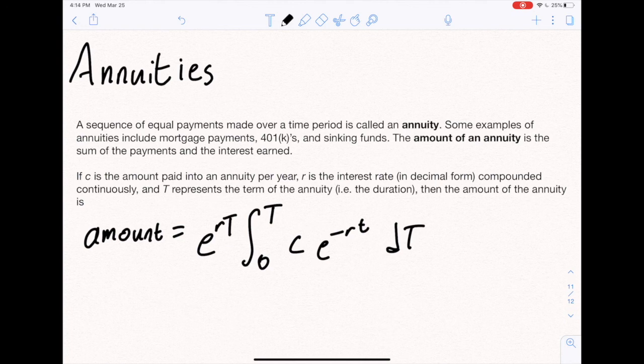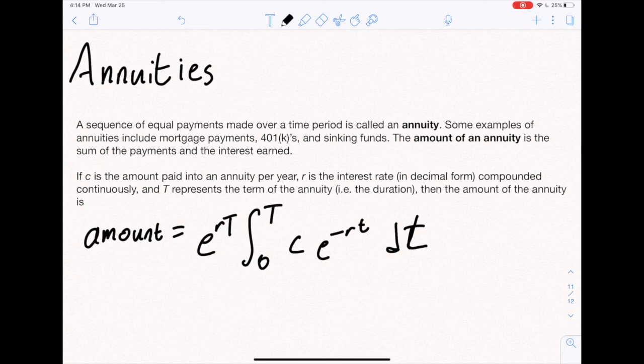If C is the amount paid into an annuity per year, r is the interest rate in decimal form, compounded continuously, and capital T represents the term of the annuity, i.e. the duration, then the amount of the annuity is e to the r times capital T times the integral from 0 to capital T of C times e to the minus r lowercase t dt. And in here, this should be a lowercase t.